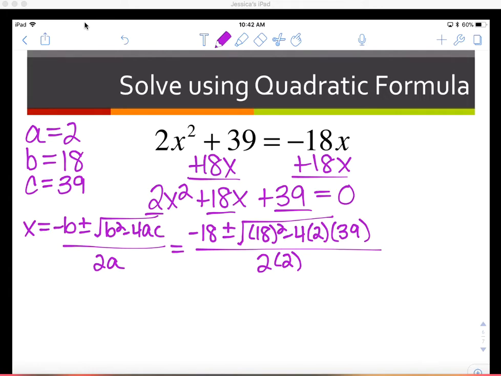Now, to simplify what's underneath the square root, 18 squared gives us 324. And then be careful with your signs when you have negative 4 times 2 times 39. When you multiply those together, you get negative 312. 324 minus 312 leaves us with 12.